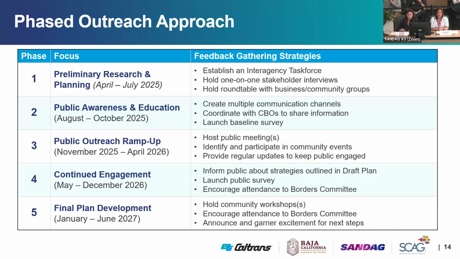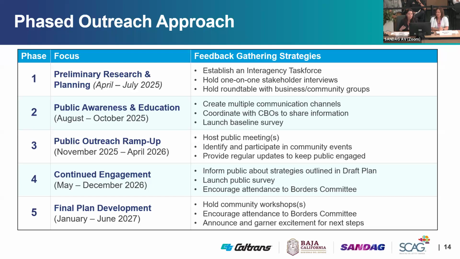So to accomplish these goals, we're envisioning this as a 5-phase approach where we focus initial efforts on gathering information from those closest to the issue who have more of that technical understanding, and then slowly casting a broader net until getting the public fully engaged.